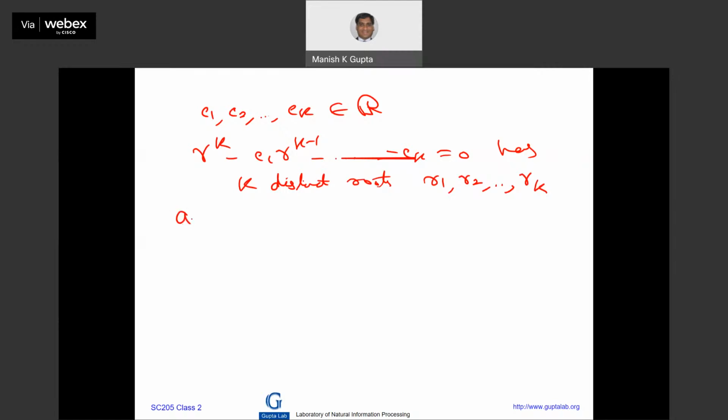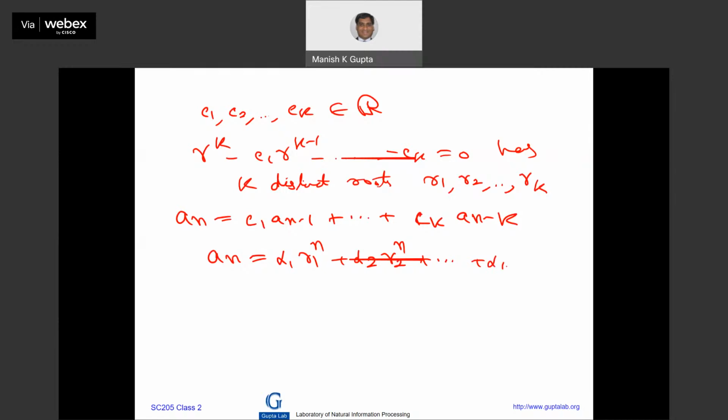Then the equation an is equal to C1 an minus 1 plus C2 an minus 2 plus dot dot dot plus Ck an minus k has a solution an of the form alpha 1 r1 raised to power n plus alpha 2 r2 raised to power n plus dot dot dot plus alpha k rk raised to power n.